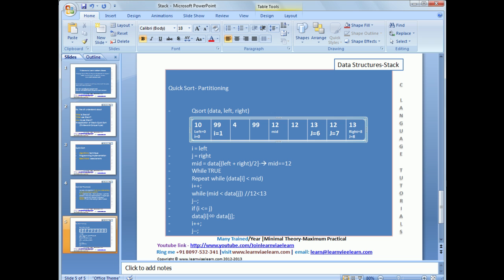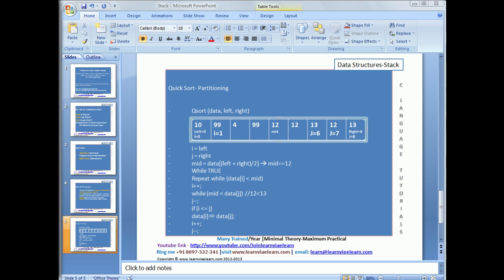Then again we increment the value of i by 1 and decrement the value of j by 1. So in this way we will move towards mid from both ends, and if we continue this process, we can see this array gets sorted. How, I'm going to explain in a very detailed manner in our coming program.